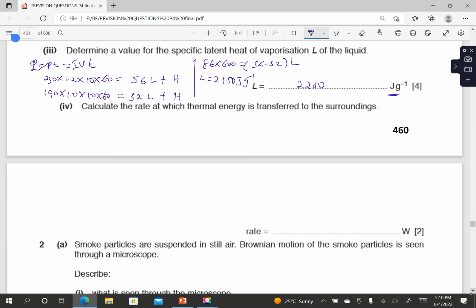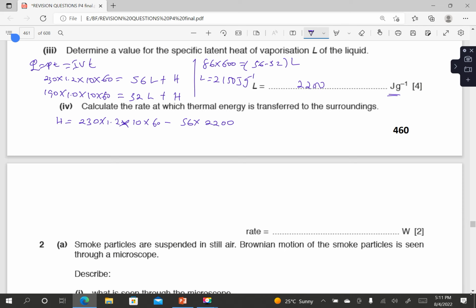In the next part, calculate the rate at which thermal energy is transferred to the surrounding. So we need to find H, the thermal energy lost to the surrounding. I will use the first equation. So I have that H is going to be equal to 230 times 1.2 times 10 times 60 minus 56 times the latent heat, which is 2200.